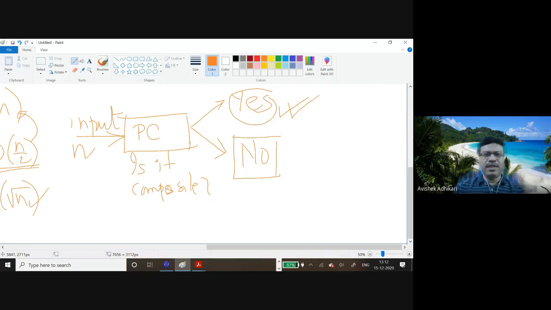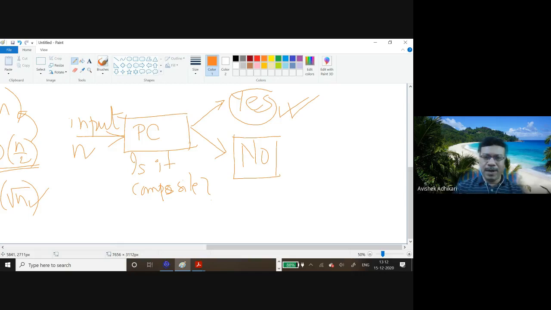So if it says yes, as I mentioned, it's my yes-biased Monte Carlo algorithm. If it gives you the answer yes, what will be your conclusion? Suddenly n is a composite number. That means n is not prime. If it is a composite number, it cannot be prime.